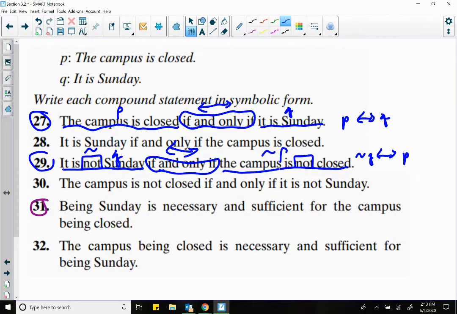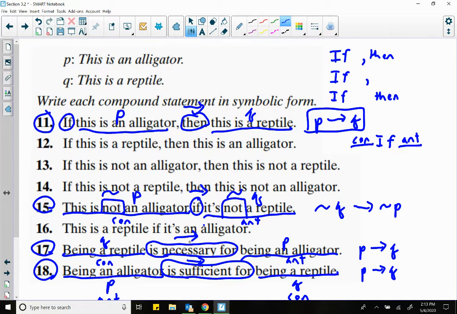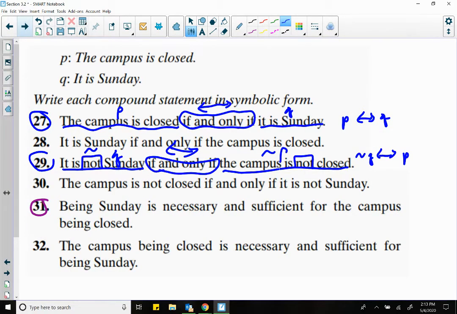All right. So the other way that you're going to see a biconditional written, just like what you saw with conditionals, how they have the words necessary and the word sufficient. Well, in biconditionals, they put those both in one. So when you see the words is necessary and sufficient for, that's just another way of saying if and only if.